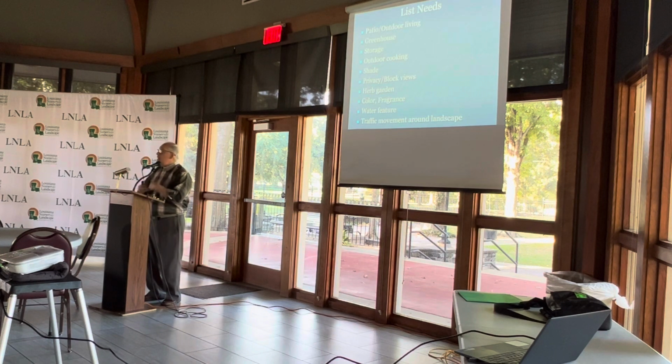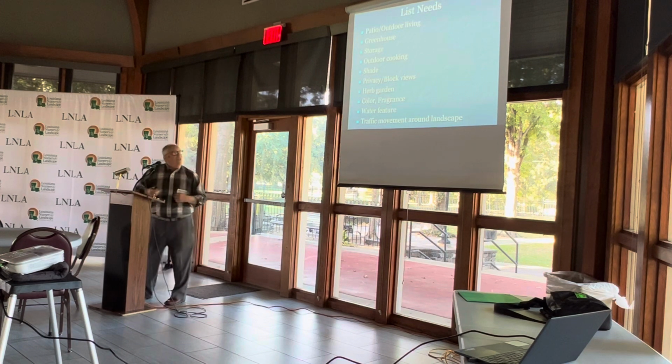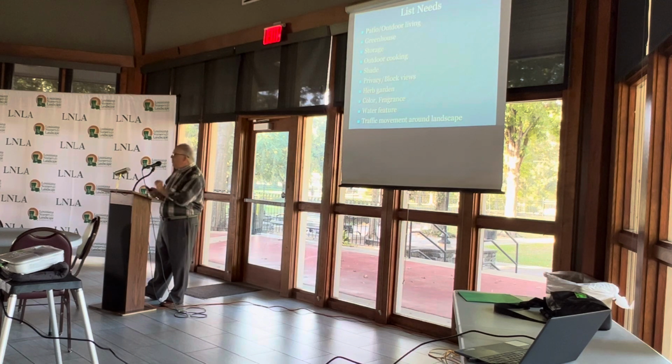Now, I sat down and I listed what I needed that landscape area to do for me. What did I want to do in that area? Because the only way I could make sure everything I needed to have in that landscape was there would be for me to identify what it was I needed to do. So this was my list of what I wanted to put in that 30 by 30 foot backyard.